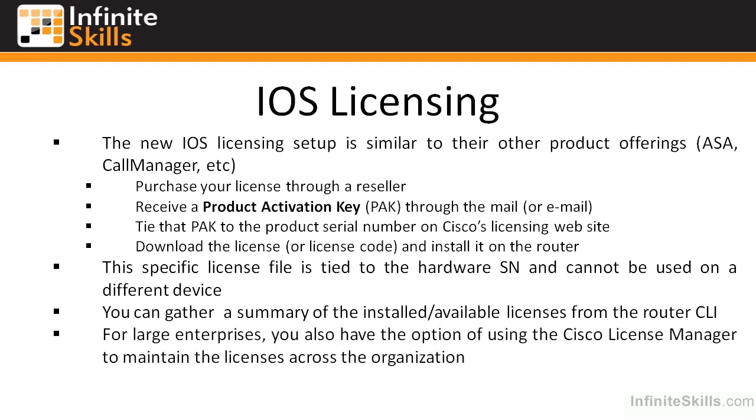It runs on a server in your data center and goes out and talks to all of your routers and switches and talks to Cisco's website and realizes, okay, you've got 1,300 licenses available for advanced IP services. Which of your routers do you want to put those licenses on? And it allows you to assign licenses to devices, move licenses between devices, and all the functions of licensing that you'd normally have to do at the command line interface on the router, you can do through the Cisco License Manager.